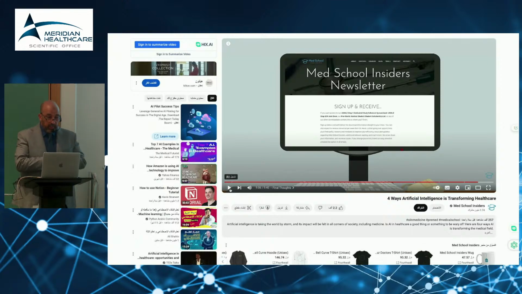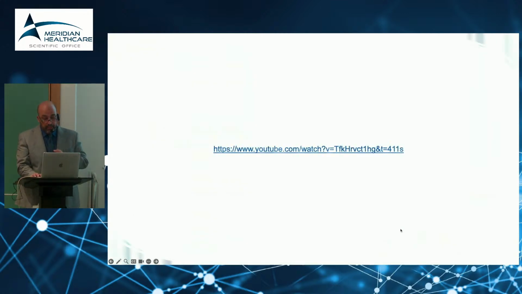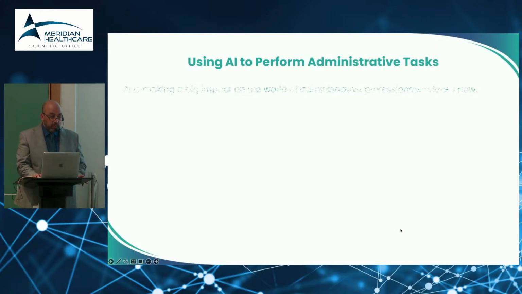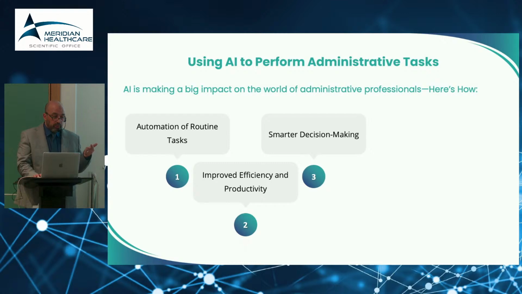So I think it is a specific and specialized video that discovers many areas where AI can help us in our career. As well as administrative work, there are other areas, including automation of routine tasks, which will reflect on improved efficiency and productivity, and smarter decision making, because it will collect all the data.